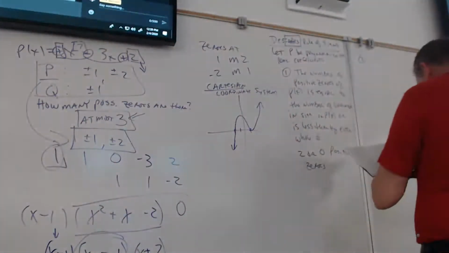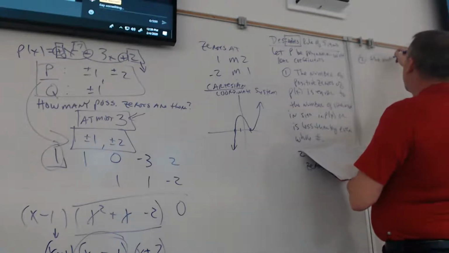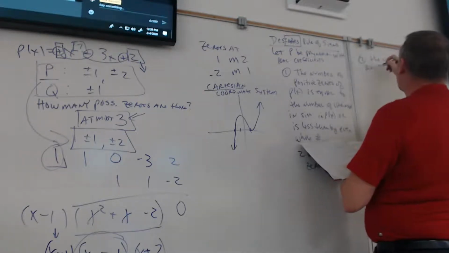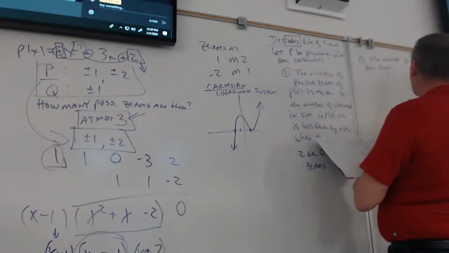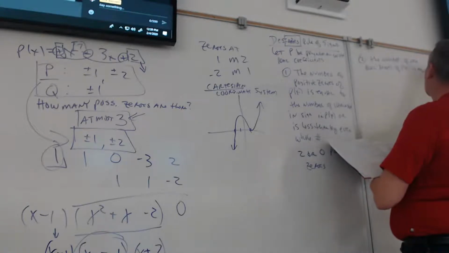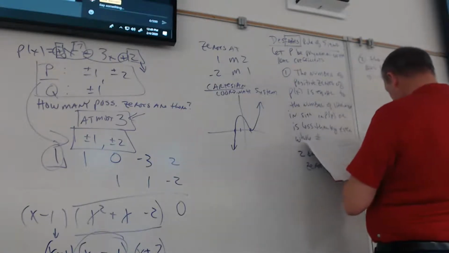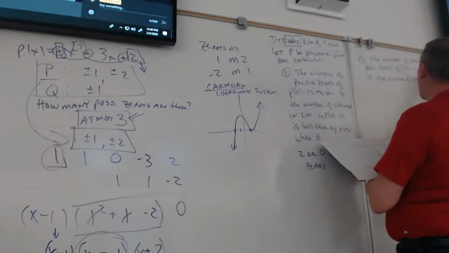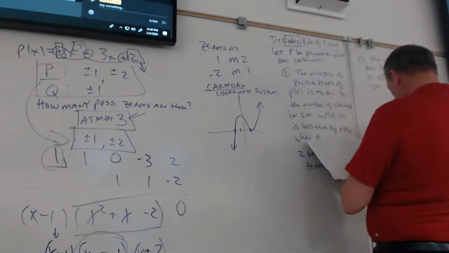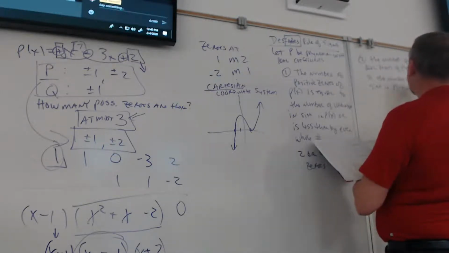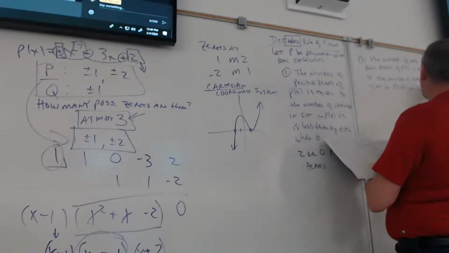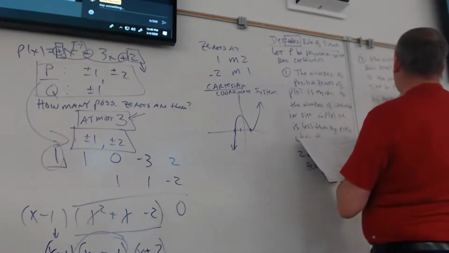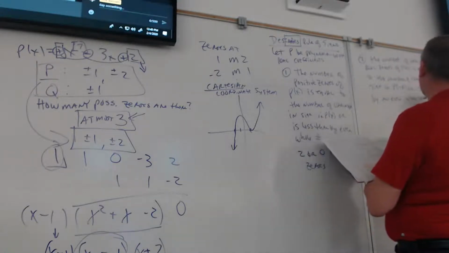Rule number 2 says the number of negative real zeros of p of x is equal to the number of changes in sign in p of minus x, or is less than that by an even whole number. Okay?